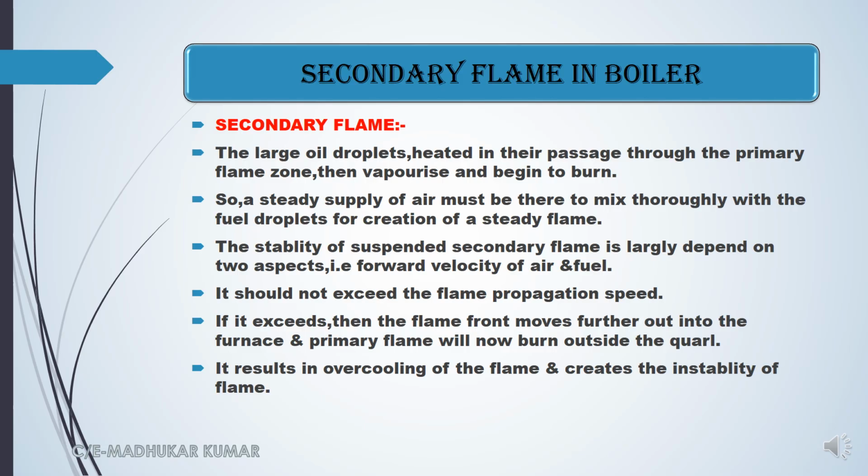So what will happen if this flame front moves further? The primary flame burns outside the coil, and the normal stabilization of the primary flame will not be there. So it results in overcooling of the flame and creates instability of the flame, which we have seen earlier also.